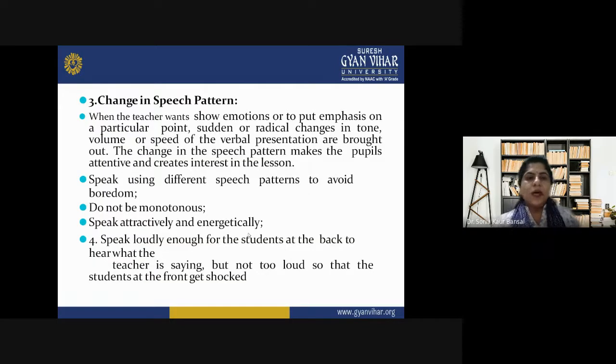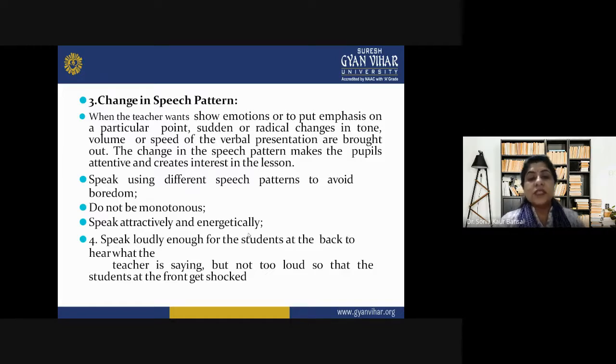Now, this is about speech pattern, the third component or the sub skill of stimulus variation skill, that is change in speech pattern. So, when the teacher wants to show emotions or to put emphasis on a particular point, sudden or radical changes in tone, volume, or speed of the verbal presentation are brought out.